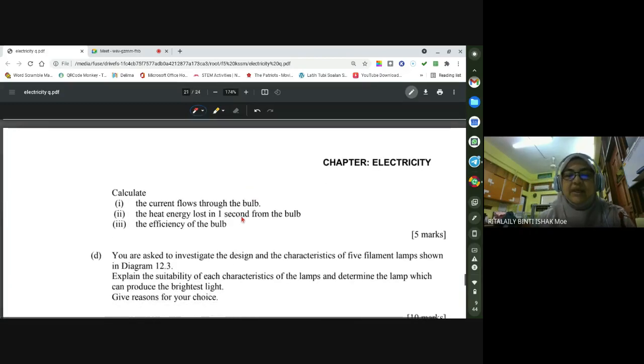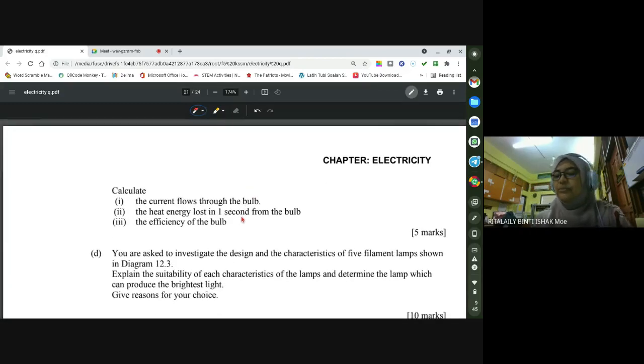For number 2, what about the heat loss? We use E equals VIt. So the energy loss is 1 joule.